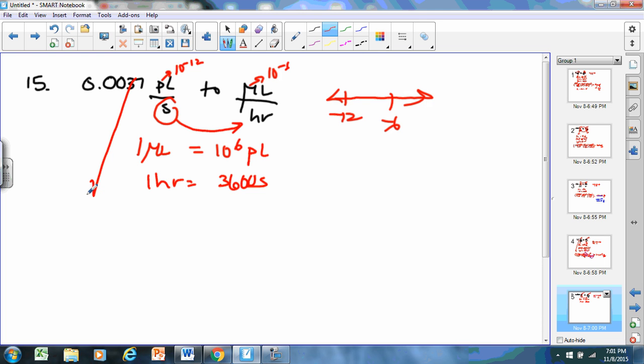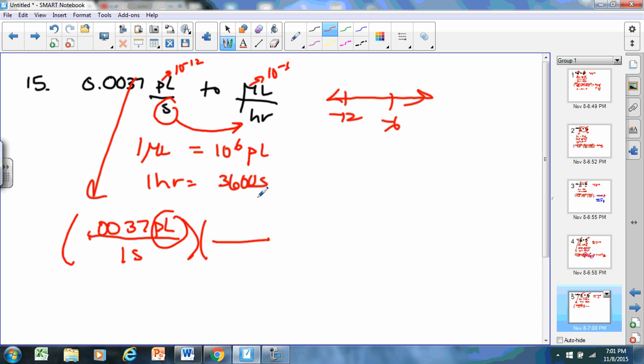And then again, you copy down the first problem. And if there is a unit in the bottom, it's an implied 1 goes with it. Okay, picoliters is on the top, so this half of the conversion factor has to go down. 1 microliter comes up.